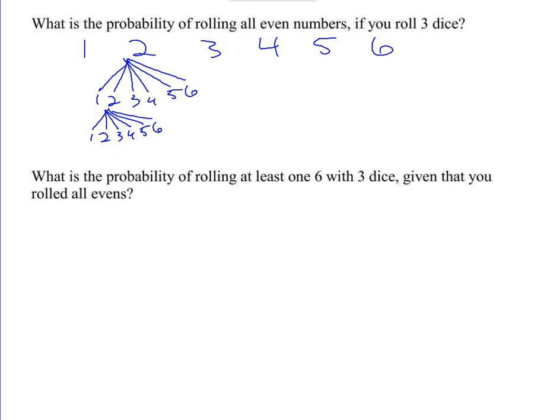How many wins do I have if I roll a 1 for my first roll? 0. 0 for 3, 0 for 5. If I roll a 2 for my first roll, and then I roll a 1, I have 0 wins there. If I roll a 2, how many wins would I have if I rolled that third die? So there's actually 3 ways to win down that branch.